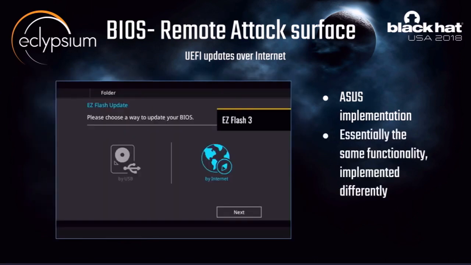ASUS has similar functionality. It's basically exactly the same functionality, it just looks different, and it's all built on top of those core UEFI network primitives like TCP4 and the DHCP primitives, but because all the extra update functionality is custom, it's implemented differently.